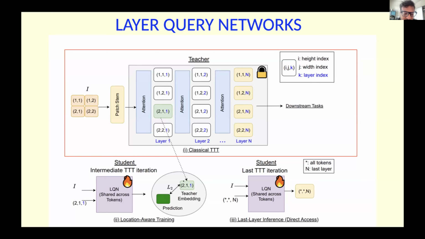So basically, the student is trying to learn over all the possible input features of the teacher for a particular input, and it's able to distill all the knowledge, and the student can be pretty small in practice.